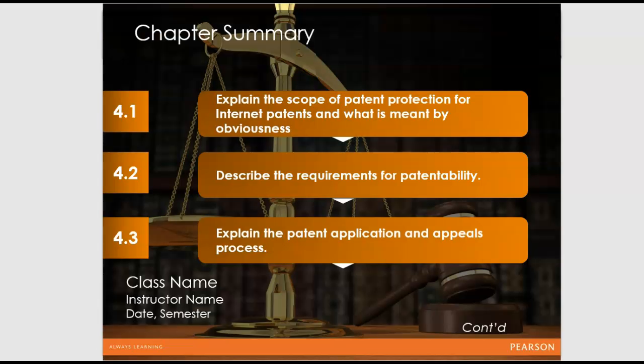So that's chapter 4, discussing patents and trade secrets. We discussed what a patent is, the requirements to patent, how we patent, there's an application for it, the novelty, usefulness, and non-obviousness requirements. We also discussed prior art.